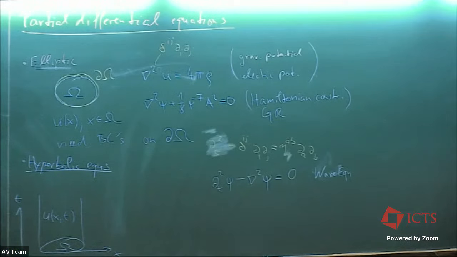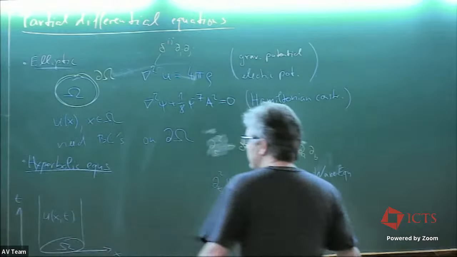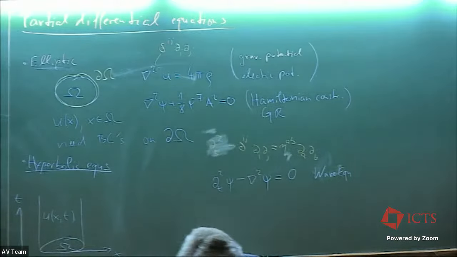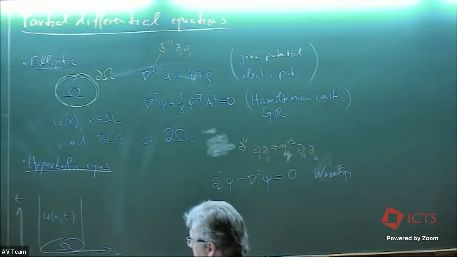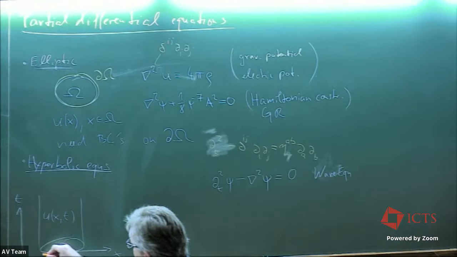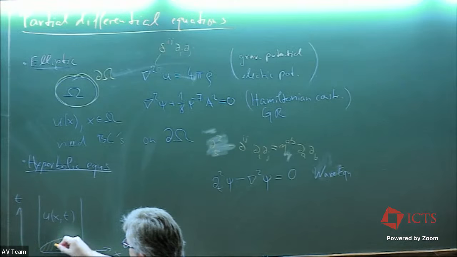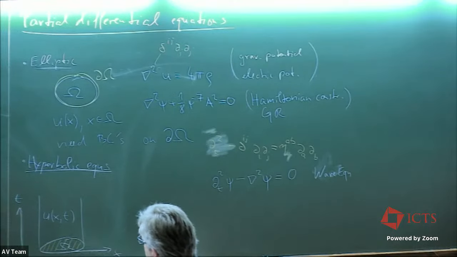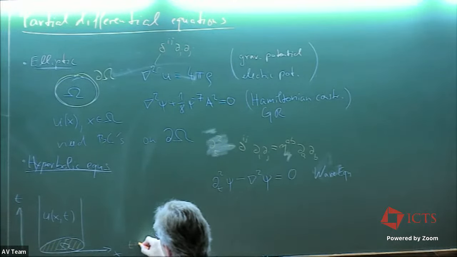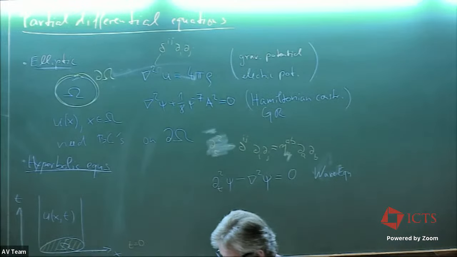And the type of boundary information and starting out information you need for hyperbolic equations is also quite different from the elliptic equations. So here we need the following information. We need down here at time equals 0 initial data.